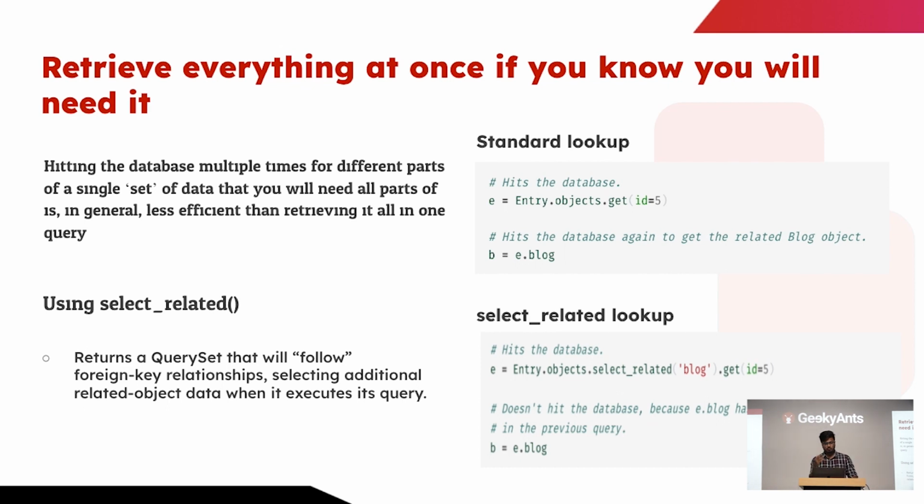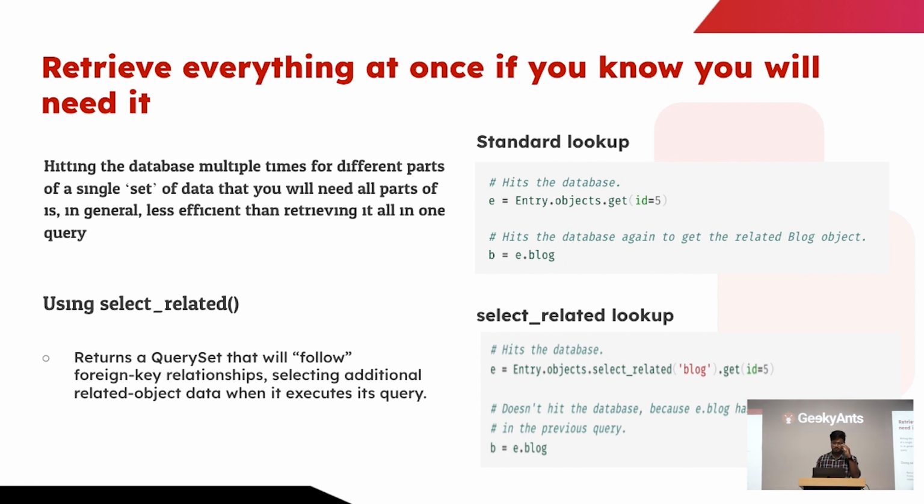So this will be two separate queries, right? You are fetching the model, then using the foreign key to fetch another set of information. If you already know the information that you want to retrieve, then you can use something like select related to fetch it at once.